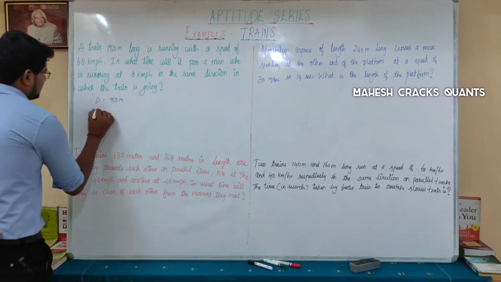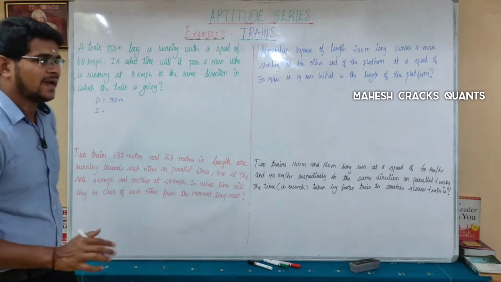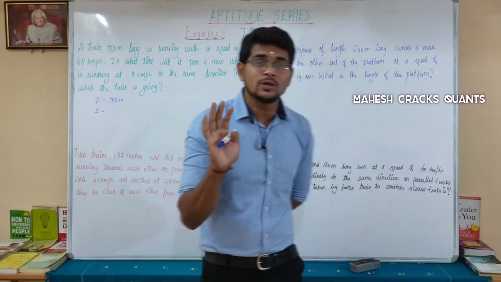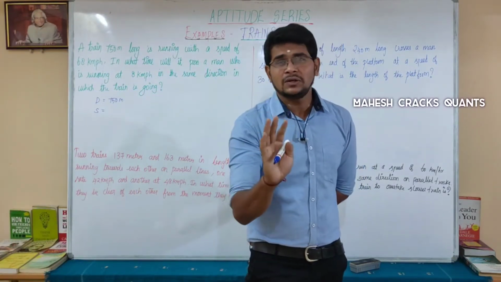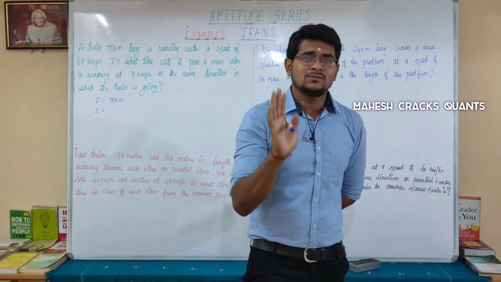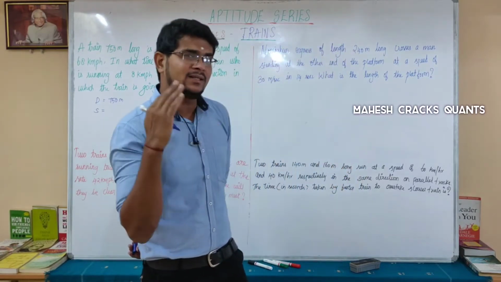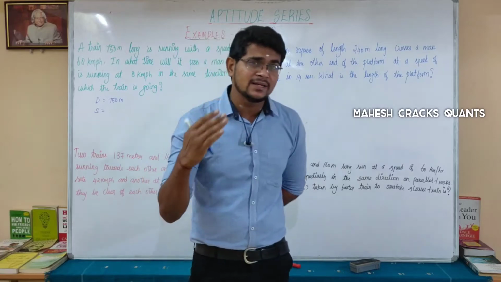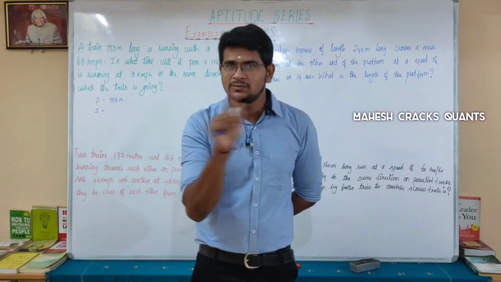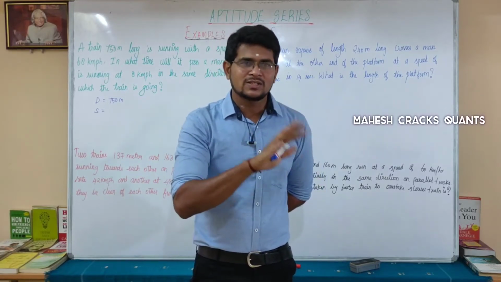Second one is speed. What is the speed? Here we have two speeds. If we have two speeds, what we have to do? We have to take relative speed. Both the train and the man are running in the same direction. Same direction means faster minus slower.